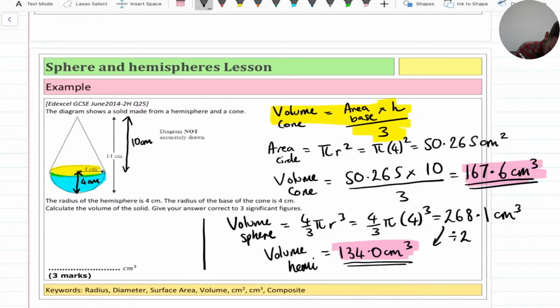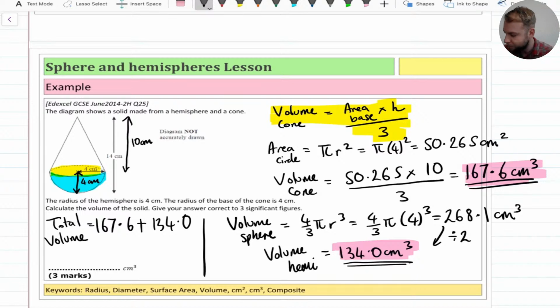So the total volume is going to be equal to 167.6 plus 134.0. So 167.6 plus 134 is equal to 301.6 centimetres cubed.